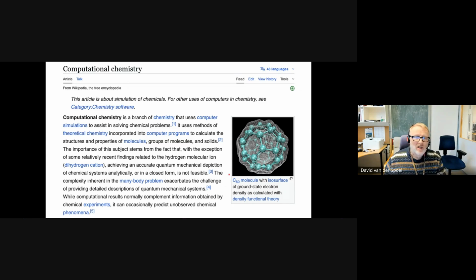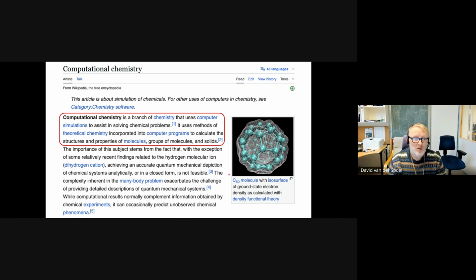Force field chemistry is a subset of computational chemistry. Computational chemistry uses computer simulations to help us solve chemical problems.